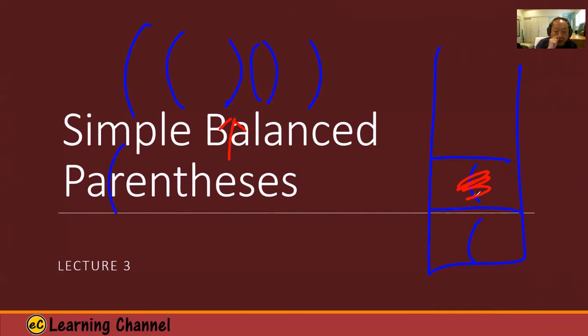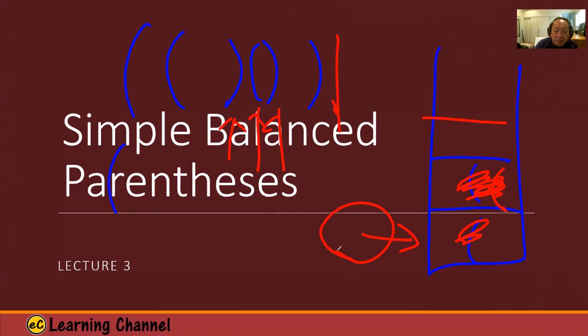I have someone to pop, so that's balanced. The next one I push again, and then I pop, so I remove that one. And the last one I pop, and then my program ends. When my program ends, I check whether my stack is empty. Then that's balanced. Is that okay?